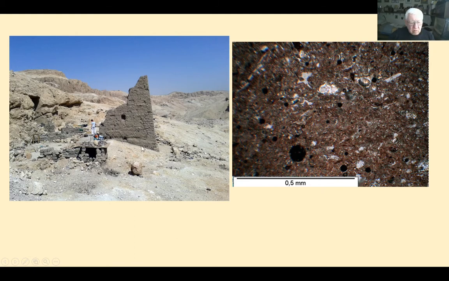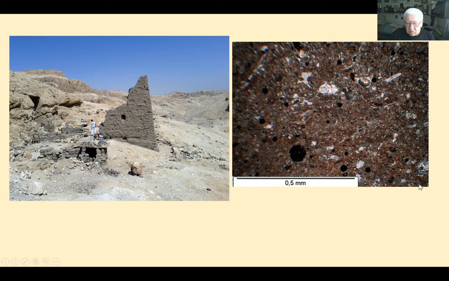It's about 1.5 to 2 kilometers from the Nile, so the material was transported, of course, from the Nile Valley, relatively high to the Gebel, and these relics of architecture are still preserved up to now.